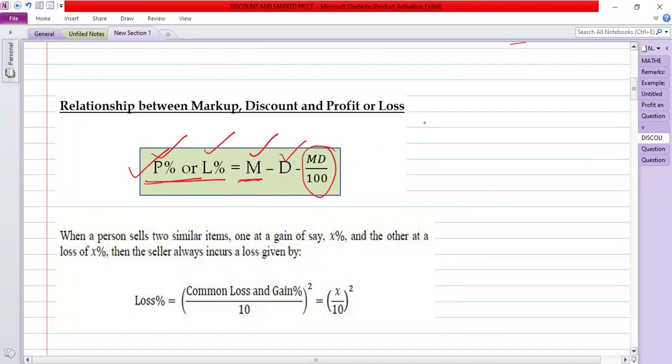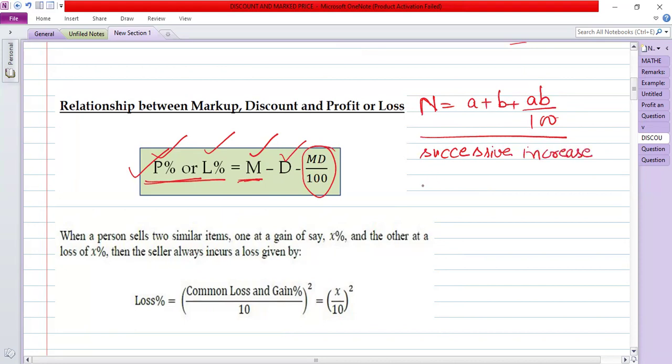Actually, this formula ultimately comes from the very famous formula N equals A plus B plus AB by 100. This formula is for successive increase or decrease.